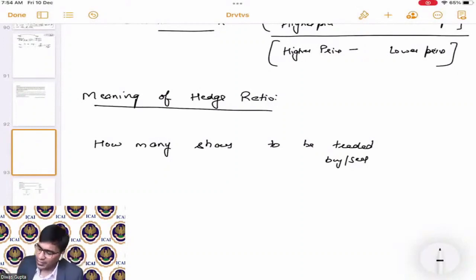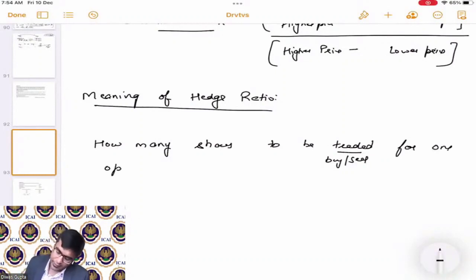Hence, I'm using the word traded. So how many shares to be traded for one option? This is what the meaning is. Because see, it is not always 1:1. You cannot do it like this, that for writing one call option, I will purchase one equity share today.